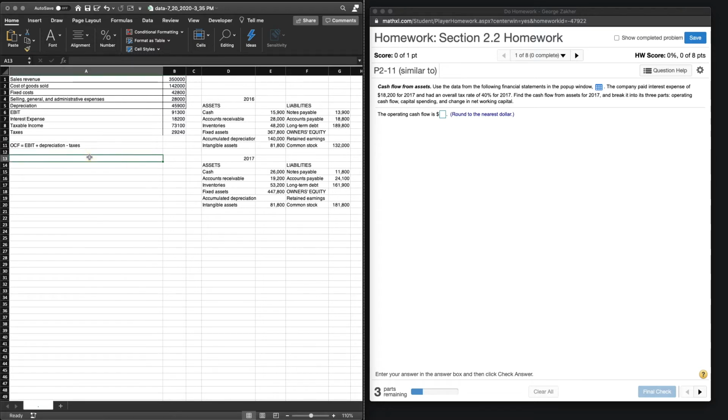Let's move our values here. Let's look for EBIT, and depreciation, and finally we want to know our taxes. So if we do the math here, again, we're going to be adding up EBIT and our depreciation, and then subtracting our taxes.